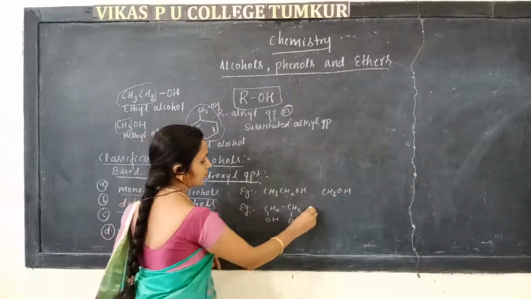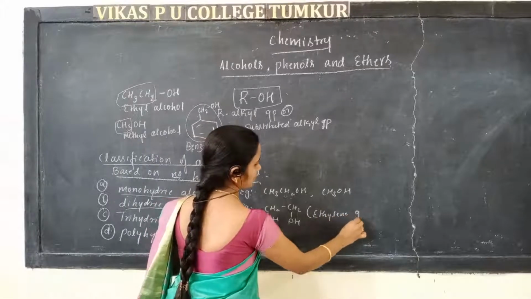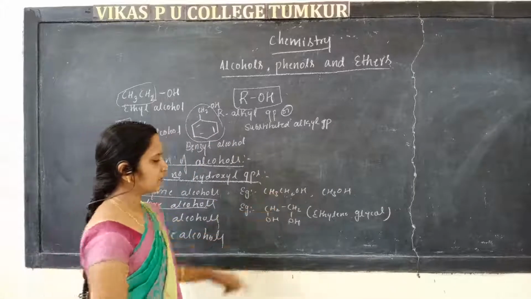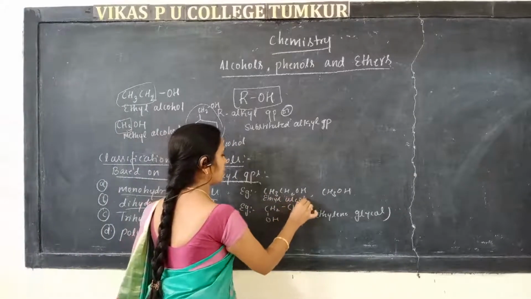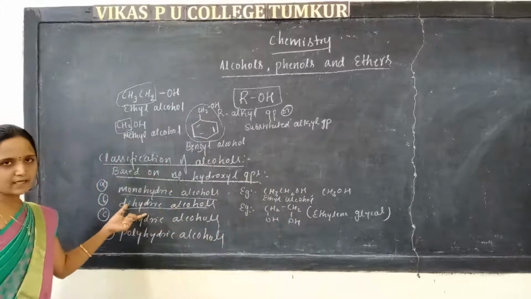The name of this compound is ethylene glycol. This is an example for the dihydric alcohols.